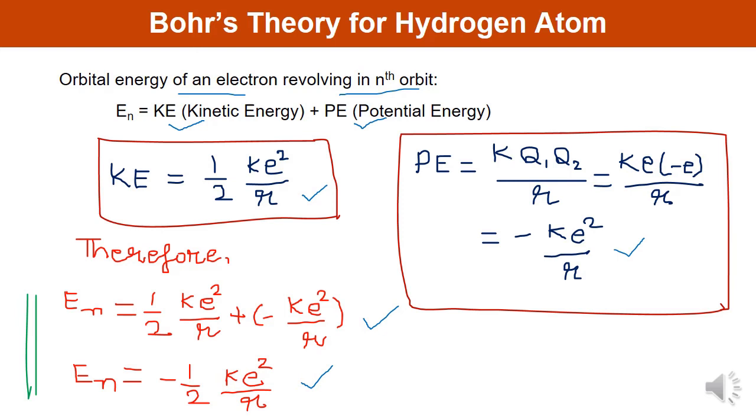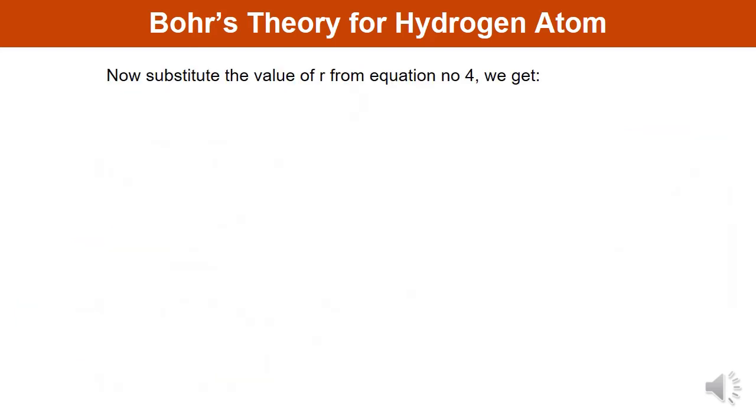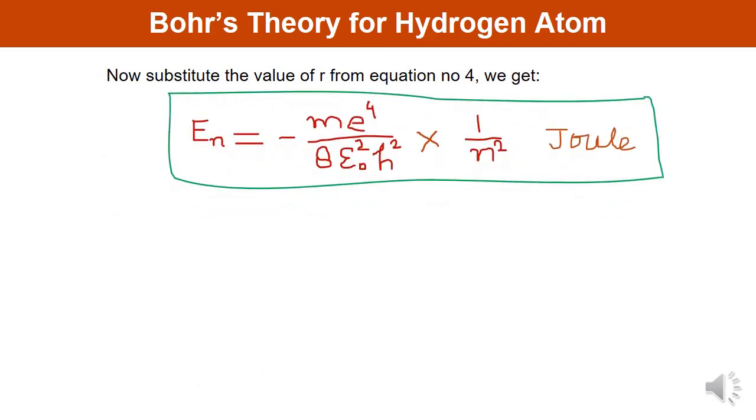So now you can calculate the orbital energy for different orbits by substituting the value of n equal to 1, 2, 3, and so on. Substitute the value of n. En will be minus m e⁴ / 8 ε₀² h² times 1/n² joule.